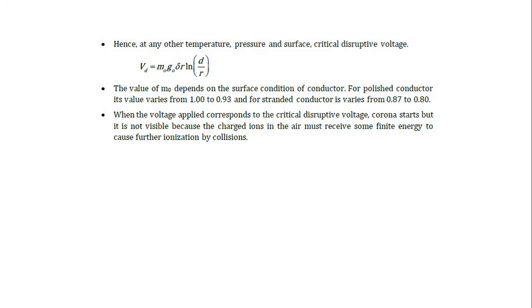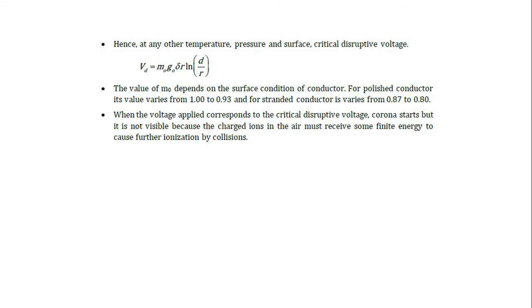Hence, for any other temperature, pressure and surface, the critical voltage equation becomes Vd is equal to M0 G0 del r ln d by r, where M0 is the irregularity factor of the surface, G0 is the voltage gradient, del is the air density factor, r is the radius of the conductor, d is the spacing between the conductors.